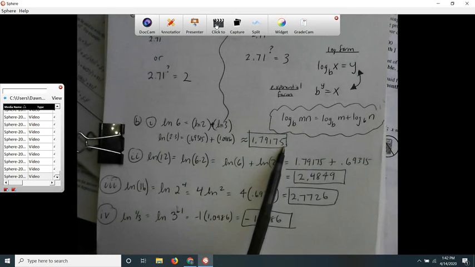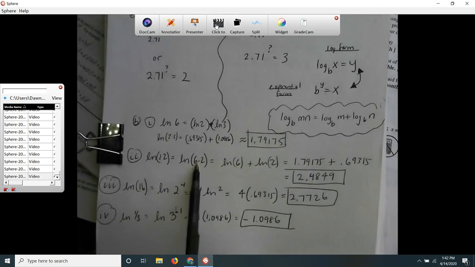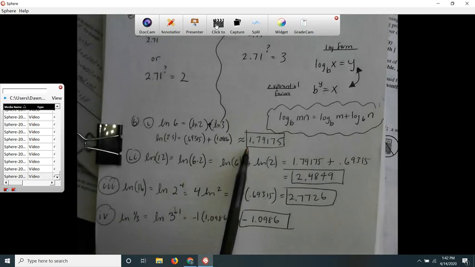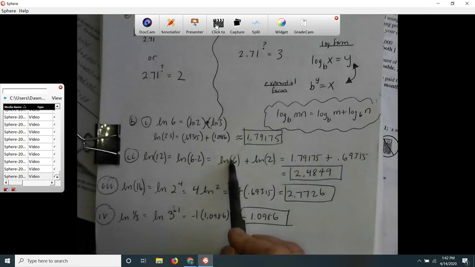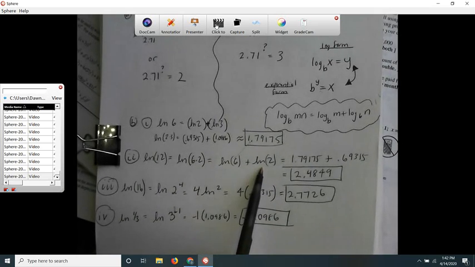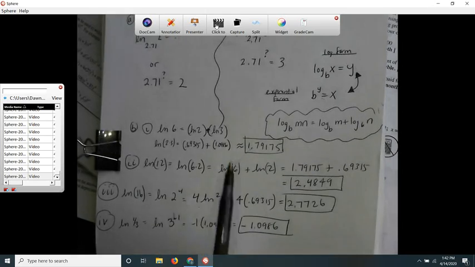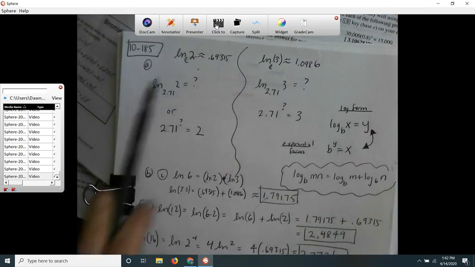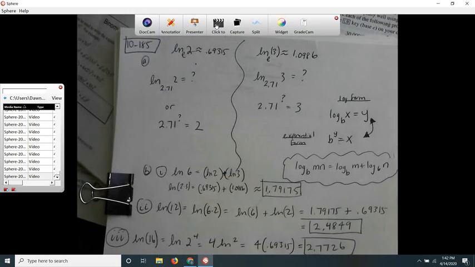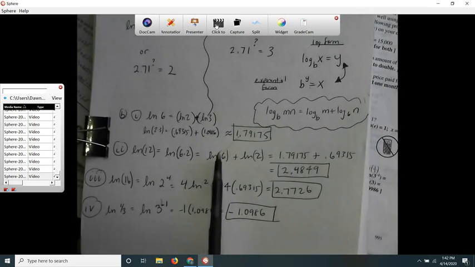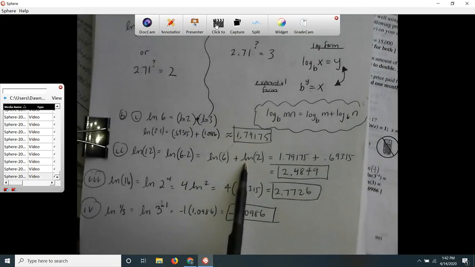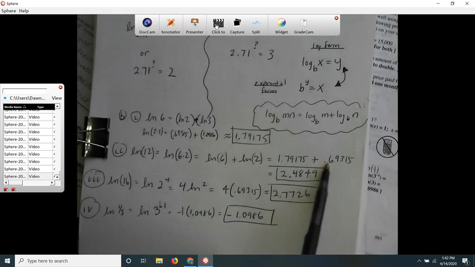So I want to split it into ln 6 plus ln 2, because ln 6 we've already done all that work. And then ln 2, we know that that was 0.69315. So if I break it into ln 6 and ln 2, then I just add them up, I get this.